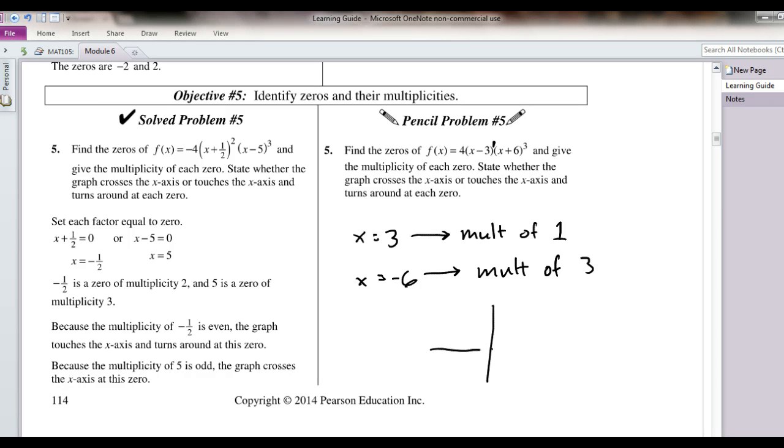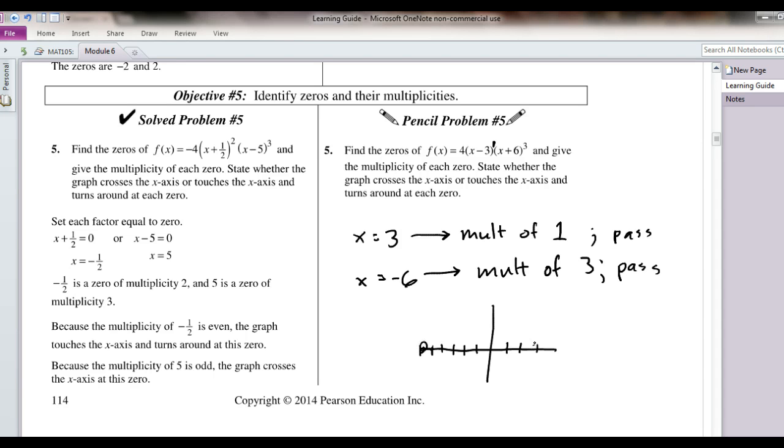If you actually wanted to get a graph of this, you just figure out what happens at each zero. At each one it's going to pass through. So we have 3 and we also have negative 6.